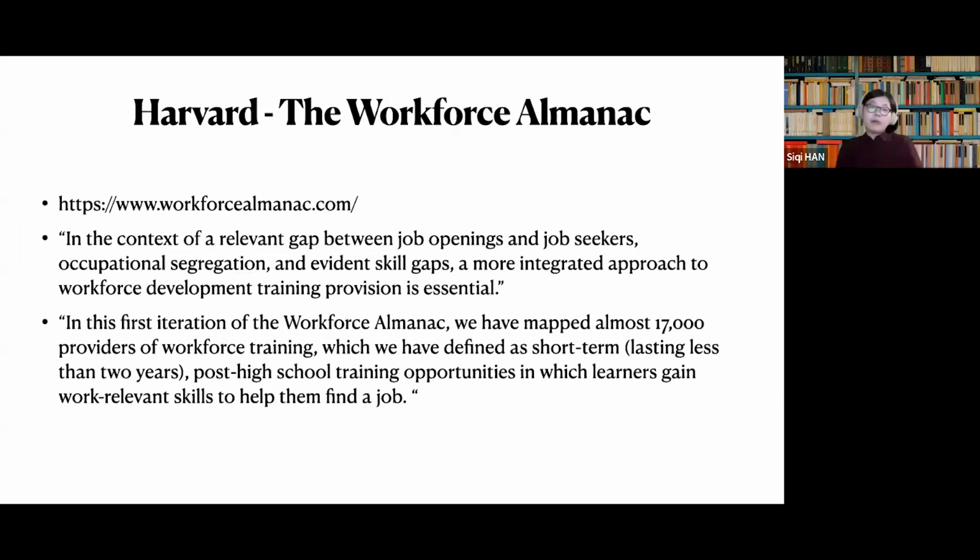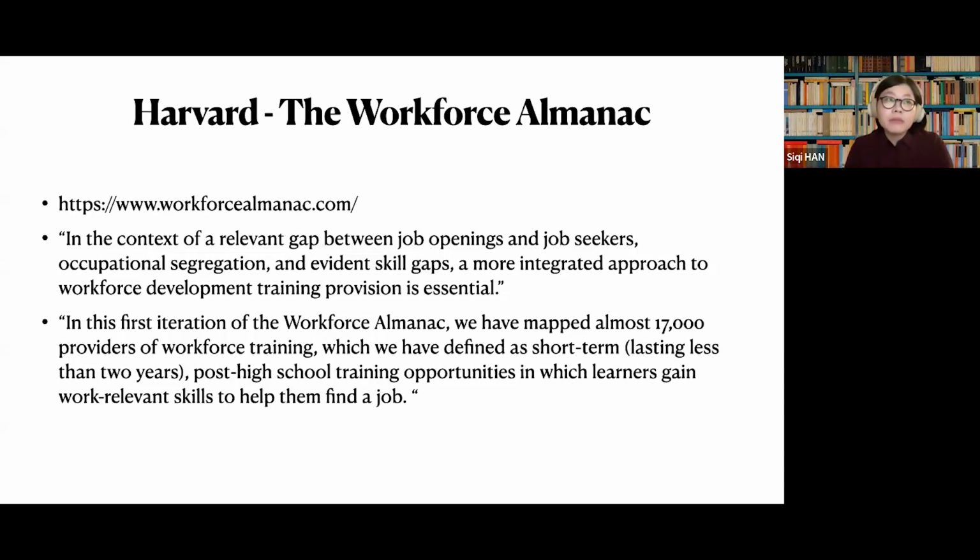Here is a practice, this Kennedy School's project. It looks at the gap between job openings and job seekers, given the current situation of occupational segregation, skill gaps, and so on. So where do we find training opportunities for the employees? This is a question that both employers and employees are concerned about.